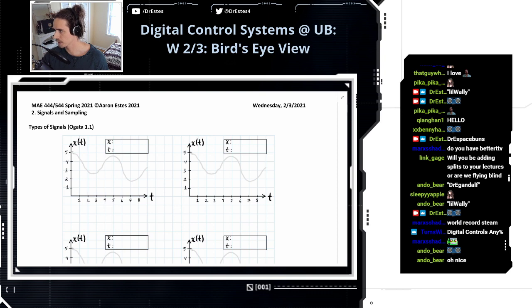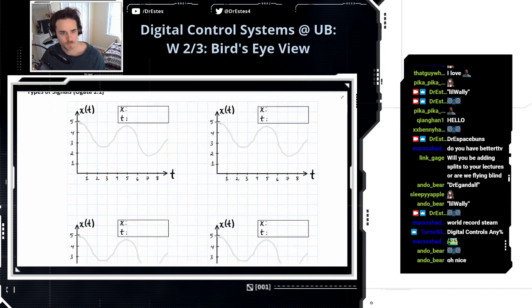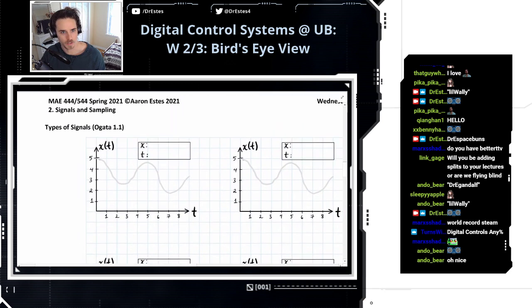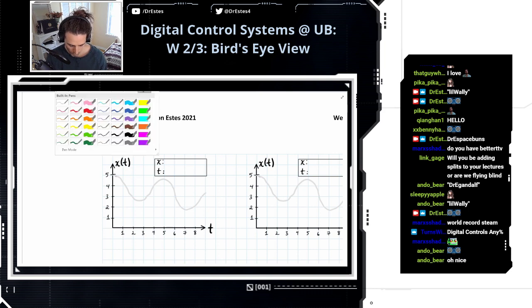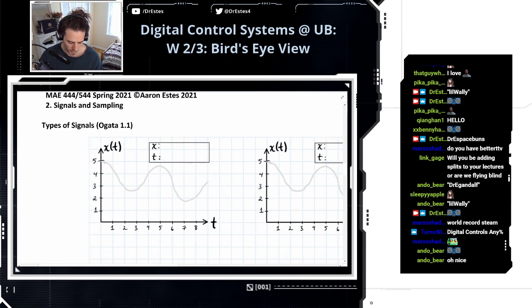All right, let me just pull this up. All right, everybody. First, we're going to talk about types of signals. And we'll start here in the top left. Let's take this variable x of t and assume that it represents some physical process, and we can track it continuously as a function of time.